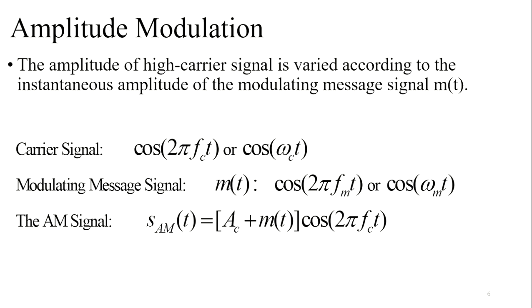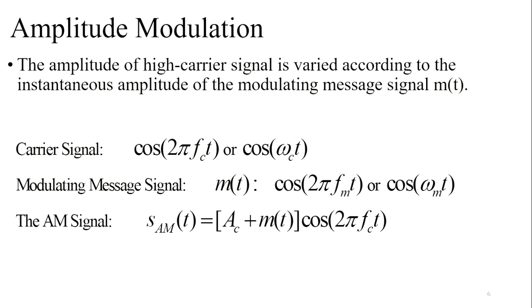In amplitude modulation, the high frequency carrier signal is varied according to the instantaneous amplitude of the modulating signal m(t). The carrier signal is cos(2πfct), or cos(ωct), where 2πfc is the carrier frequency ωc. Next, the modulating signal m(t) equals cos(2πfmt), where m is the message signal, or cos(ωmt).